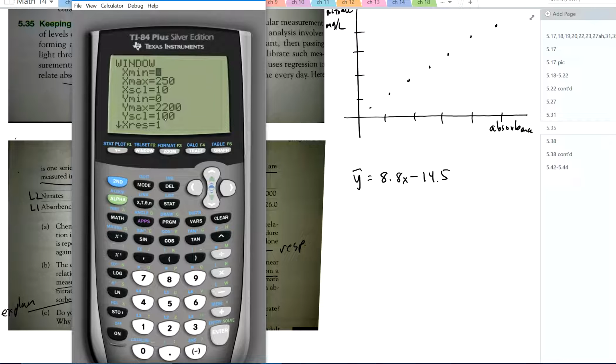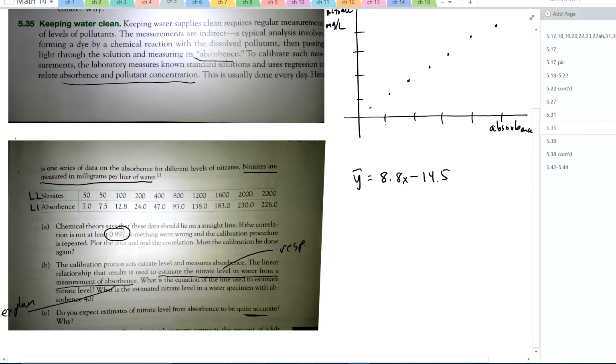So if this is up to 250, I could call this 50, 100, 150, 200, 250, and then this went up to 2000, so this could go 500, 1000, 1500, 2000, and so forth.